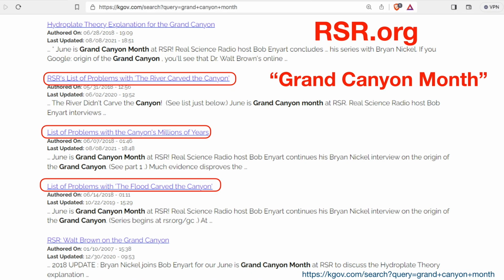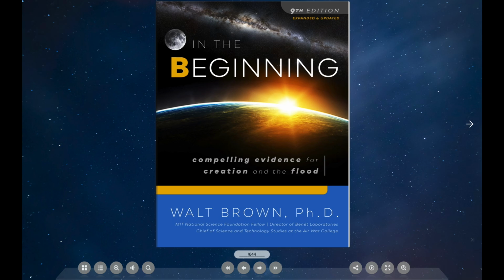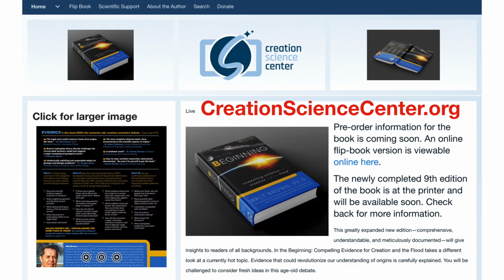And if you want more information on this, go to rsr.org. That's Grand Canyon Month. And Bob Enyart and Brian Nickel go through and explain why the river didn't carve the canyon. And they have problems with millions of years, and they also have problems with the flood carving the canyon. Yeah, this book right here, it's finally got printed, and it's not available yet, but you can access all of them on a flip book.